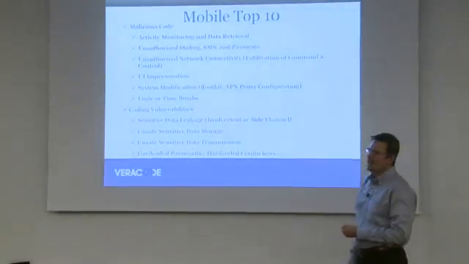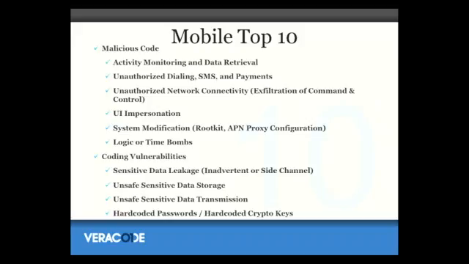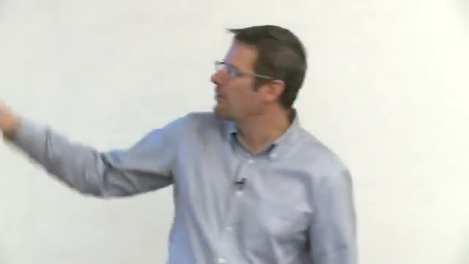So these are bad things that the apps might be doing that are likely to be something that a malicious individual has specifically put in the application, but it's a little bit fuzzy. It could be something that a developer thinks is fine, but it ends up being thought of as malicious by the user. And then the second section is what we call coding vulnerabilities. And these are things where the developer basically is making mistakes or just doesn't understand how to write the app securely, and that's putting the app user at risk.